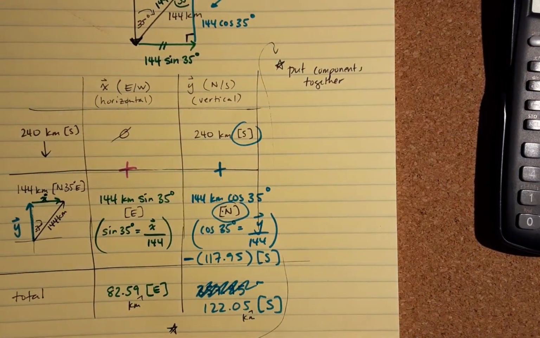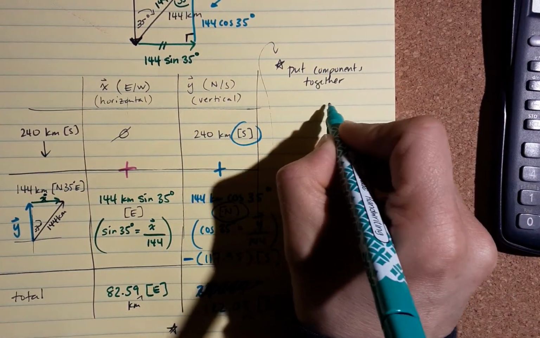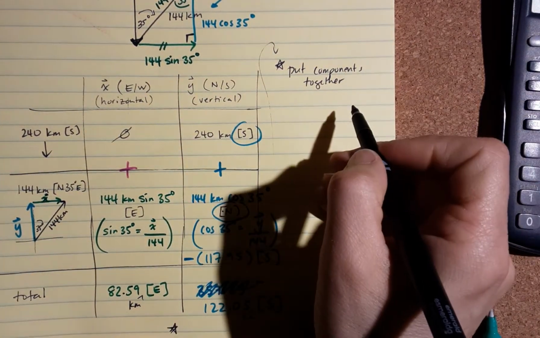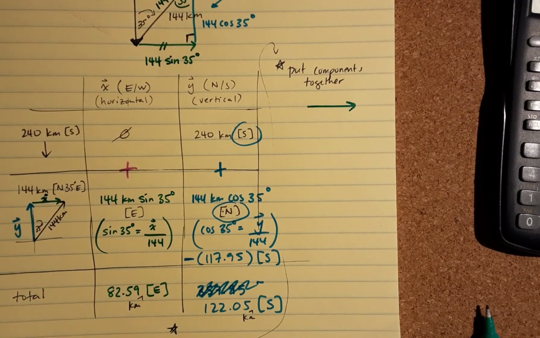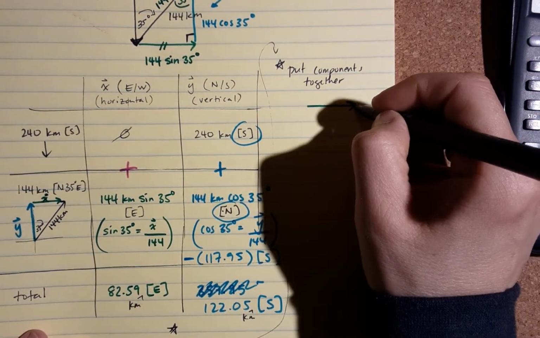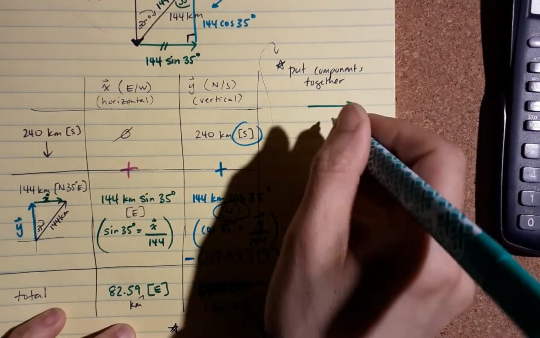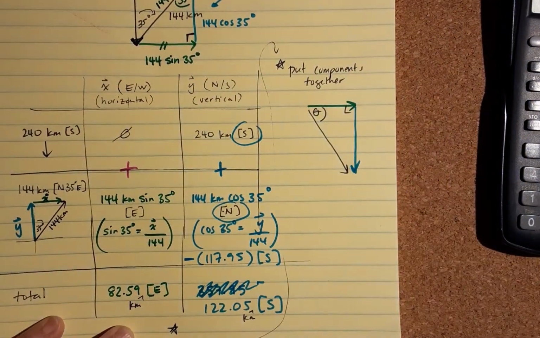Okay, so east and then south. So east, and if you want, I'll color code this again. So east and then south. And then I'm finding my resultant there, and getting my theta at the tail.